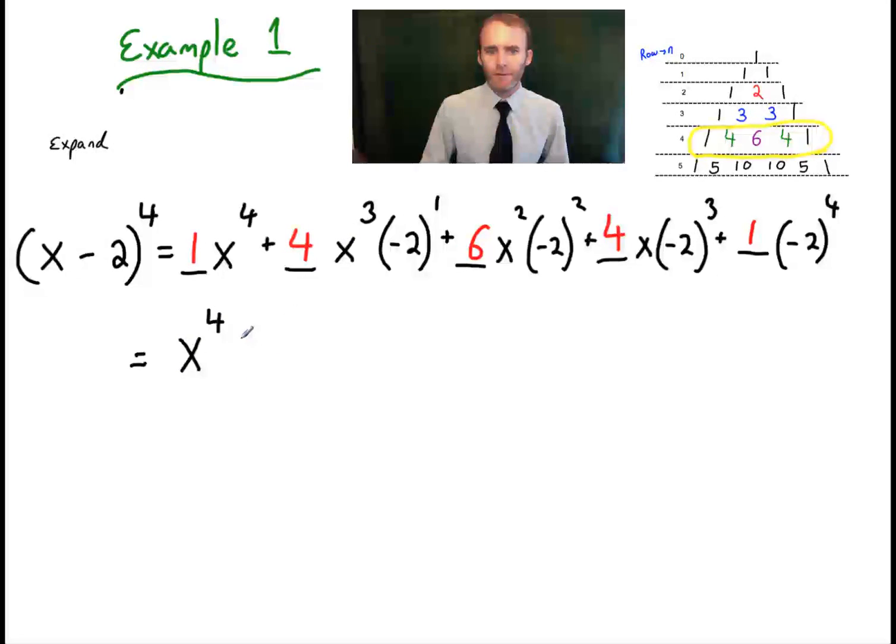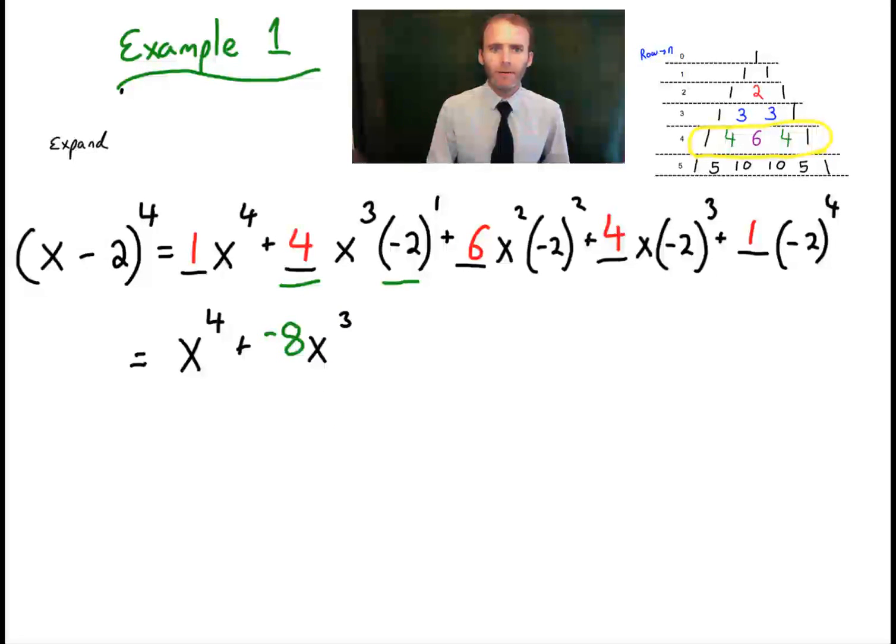Now we have plus 4 times negative 2 to the first power. So when I combine these like terms, a 4 and a negative 2, that gives me negative 8. And I have x cubed.